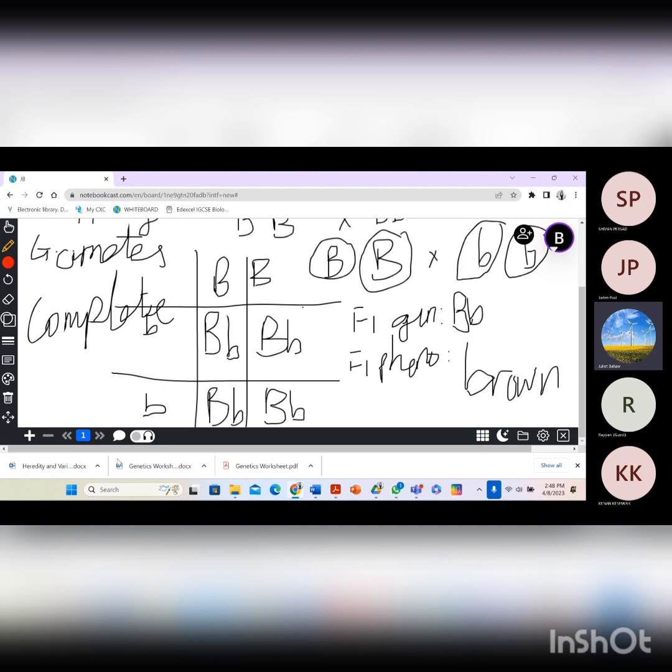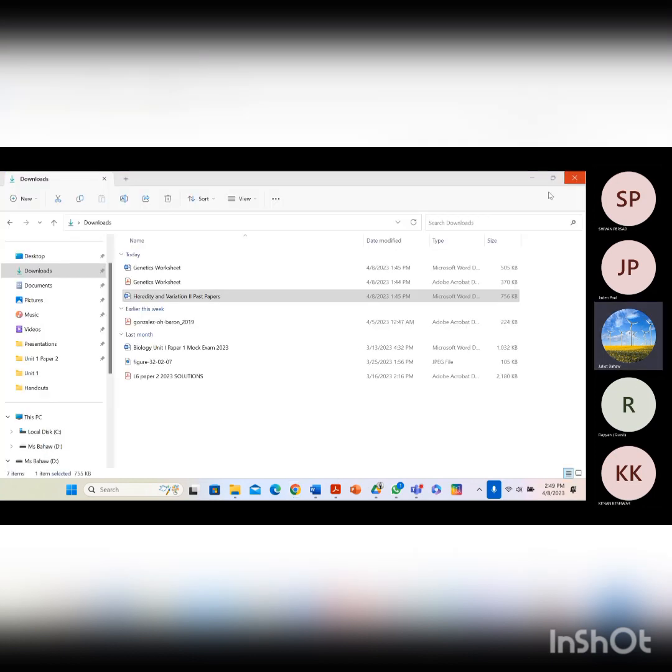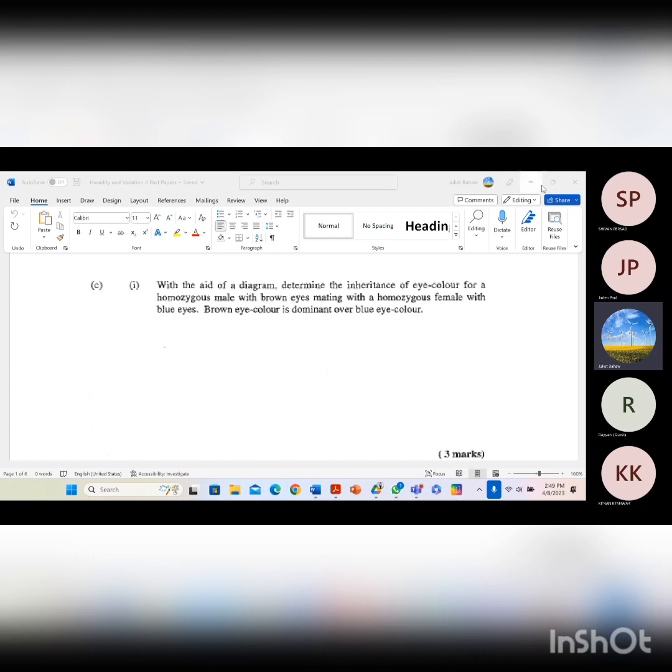Then you have the other question that we did, the first one, which is incomplete dominance, where there's no dominant allele. There's actually a blend between two alleles to form a third one. That is what we saw in the mouse, and that is what we saw in the flower, the Impatiens flower. All right, so those are two kinds of genetic questions that can come.